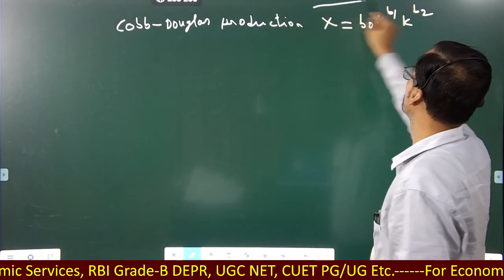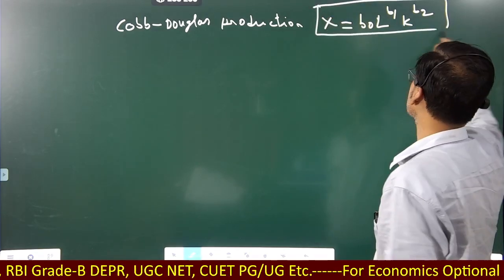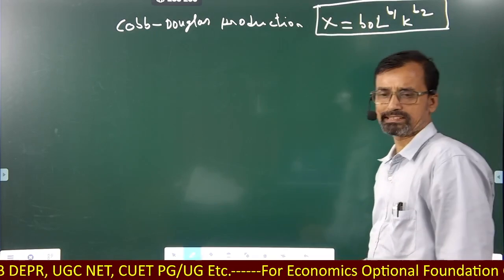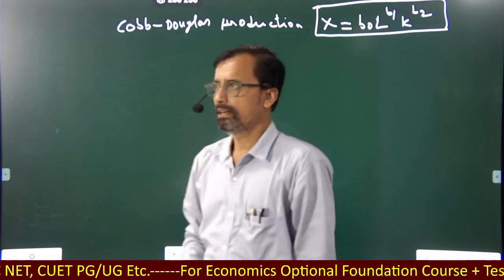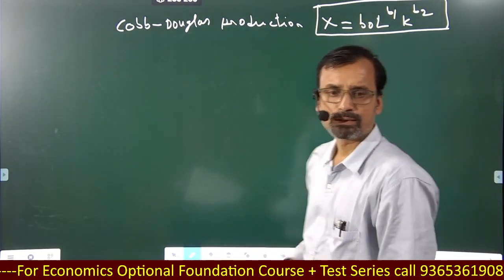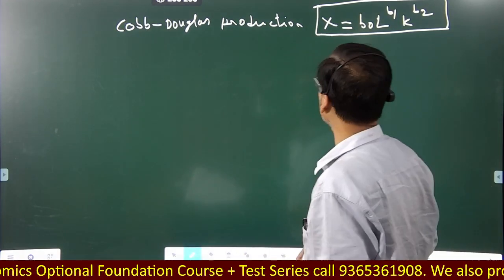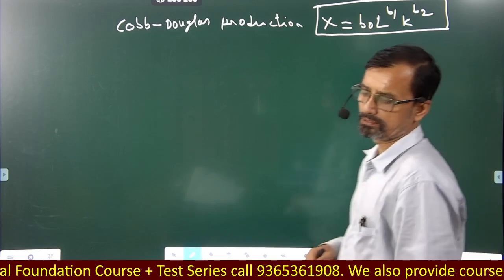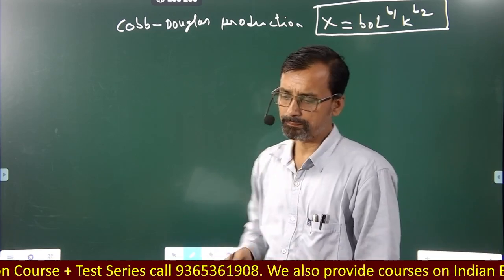This is the Cobb-Douglas production function, which is basically taken in research and applied economics. In research and applied economics, such types of production functions are taken basically.